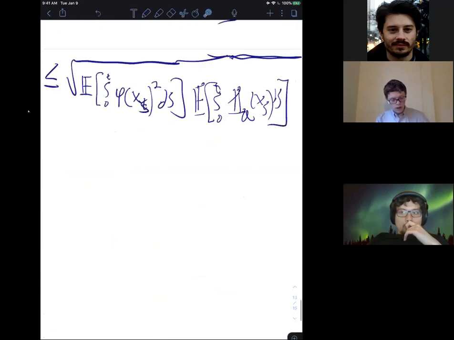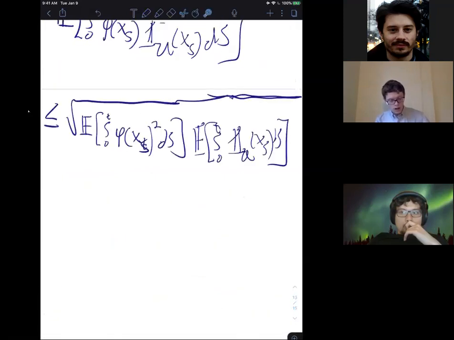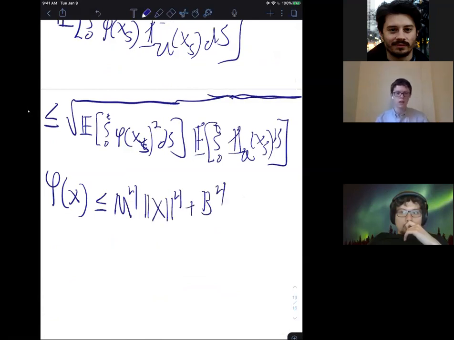In particular, phi of x is less than or equal to m to the fourth times x to the fourth plus b to the fourth, for b, say, the norm of the score at 0.